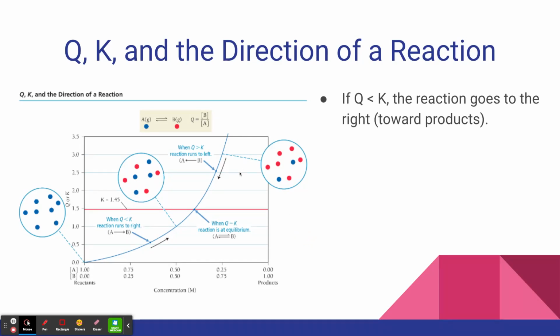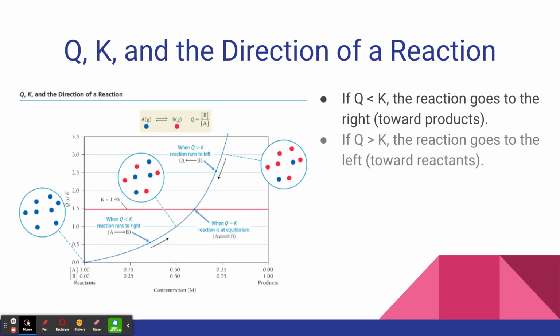When the reaction quotient Q is greater than K, like right around here on this graph, the reaction is going to favor the reverse reaction or will proceed to the left, aka will go to the reactants. Finally, when the reaction quotient is equal to the equilibrium constant, like right here at this point, the reaction has finally reached equilibrium.